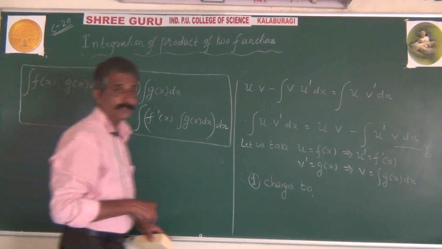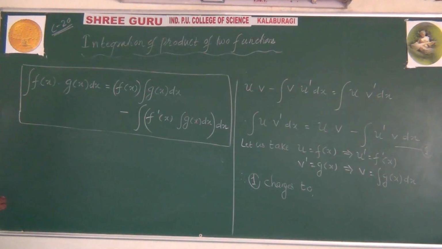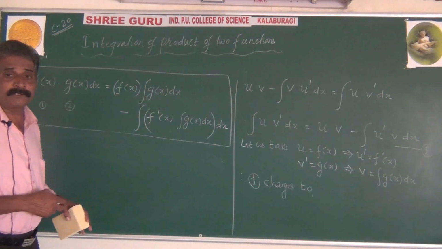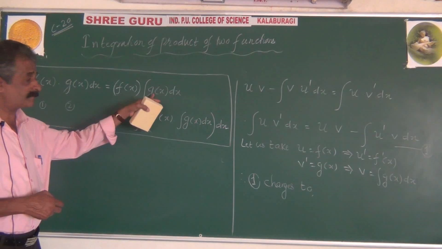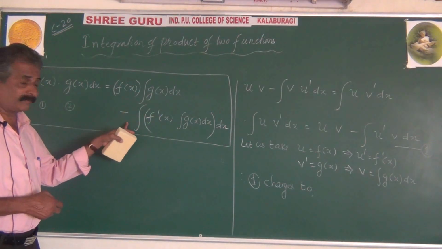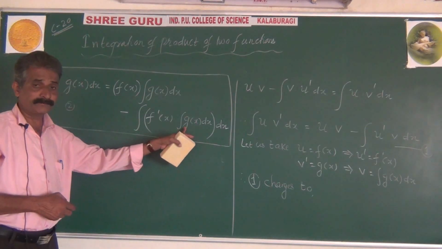So now this formula we can make still much easier on choosing f of x as first function, g of x as second function. So this formula will be given by first function into integration of second function, minus integration of differentiation of first multiplied by integration of second.